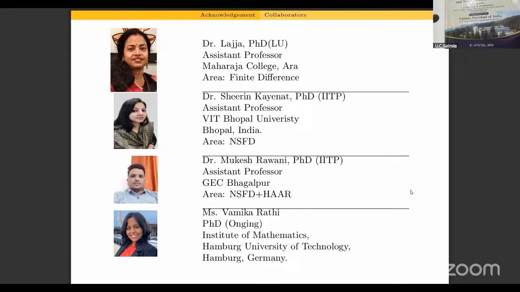For example, if you take the heat equation, with respect to the x variable he used Haar wavelets, and with respect to the time variable he used NSFD. It's a coupling of both methods. So his thesis is on NSFD plus Haar. Then Bhavika worked with me for 2 years, and currently she is working in Germany. She is also writing a paper on the non-standard finite difference method.